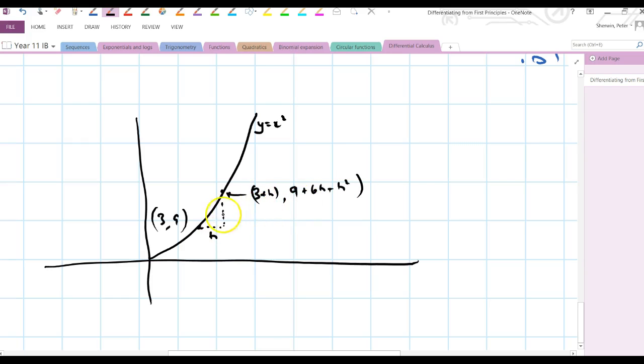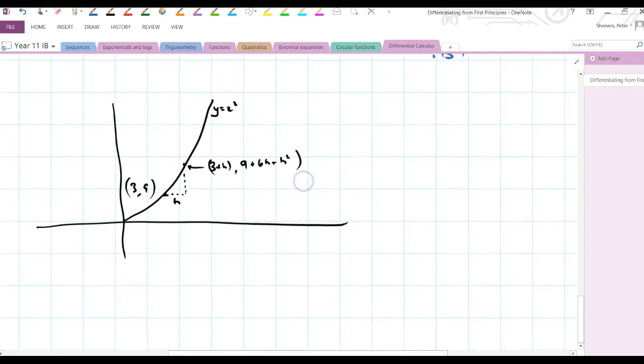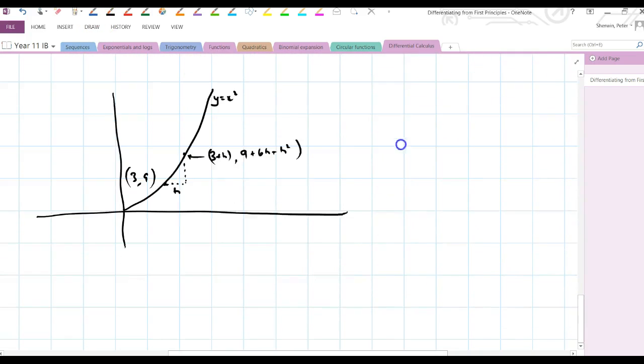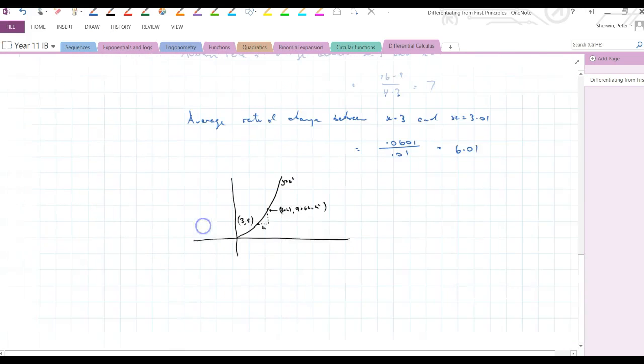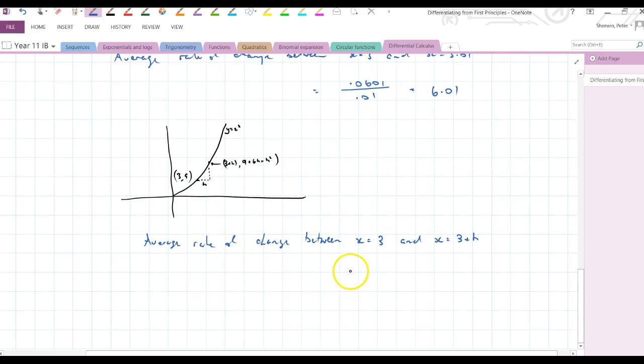So now when I do my rise over run, if I look at my average rate of change between x equals 3 and x equals 3 plus h, let's have a look at this. What's that equal to? So it's now 9 plus 6h plus h squared over h.